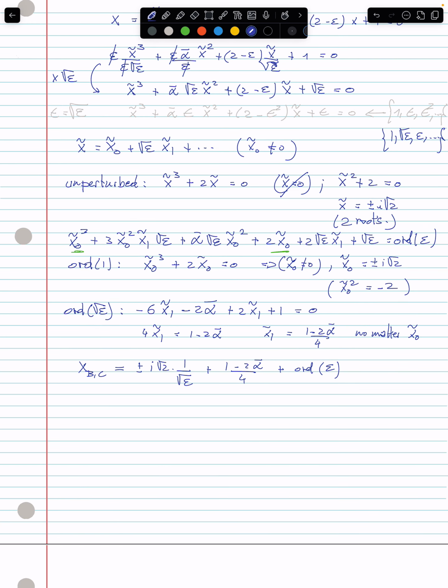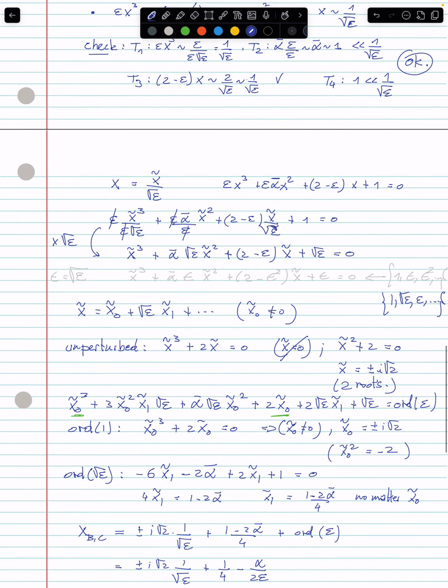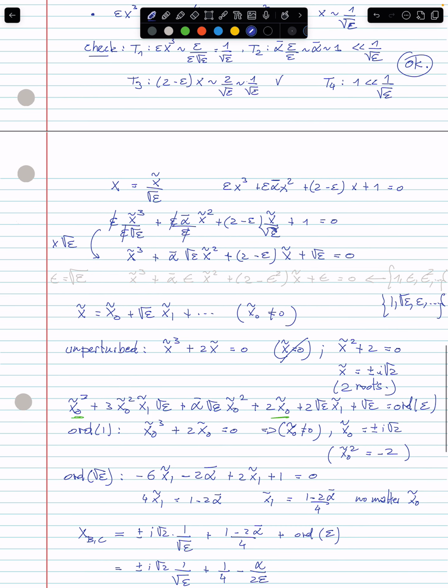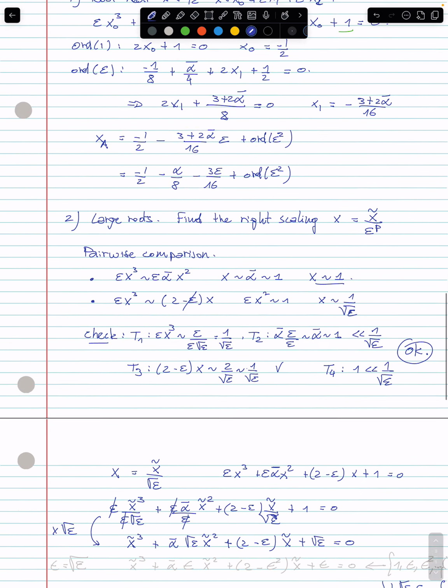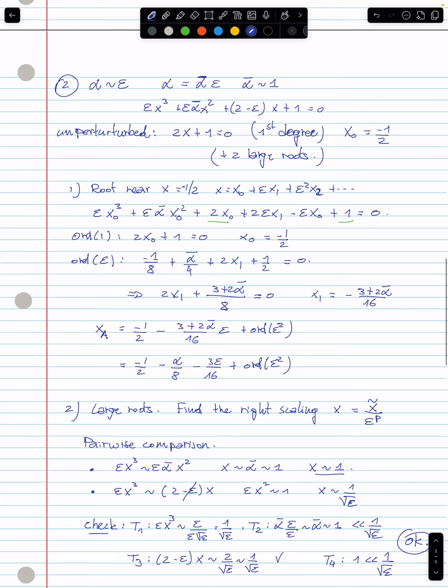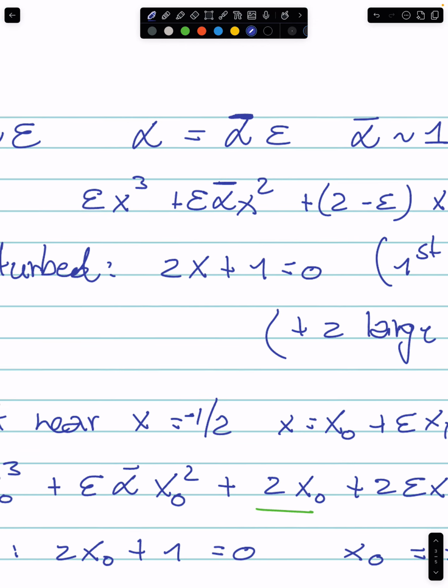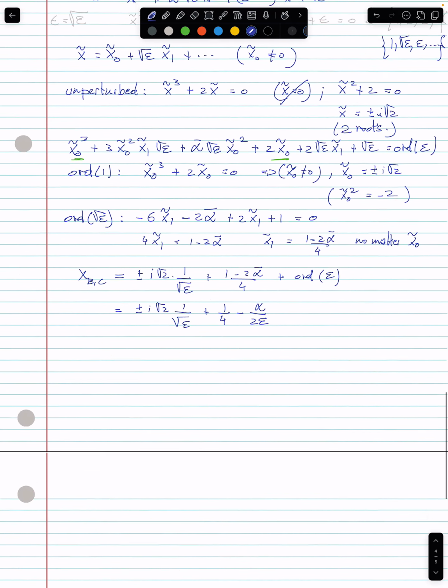Again, alpha bar that we have over there should be replaced by the quantities that had been provided in the statement. So it means minus alpha over 2 epsilon. All right, this is how we decided to redefine alpha. Over there, alpha bar is alpha over epsilon.